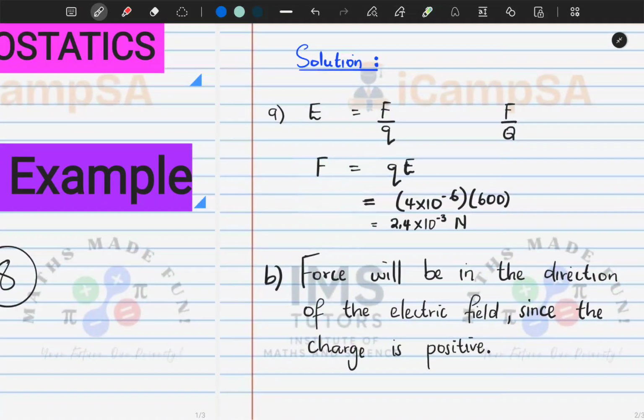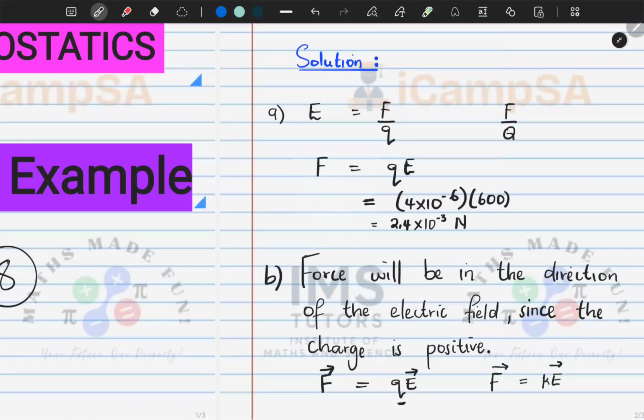Another way of looking at it: since we know that force is a vector, we have this equation that says F is equal to Q times E, the one we just used, and you see those arrows on top of F and E. They indicate that these two parameters are actually vectors. So if Q is positive, F will be some positive value times E, suggesting that they are in the same direction.